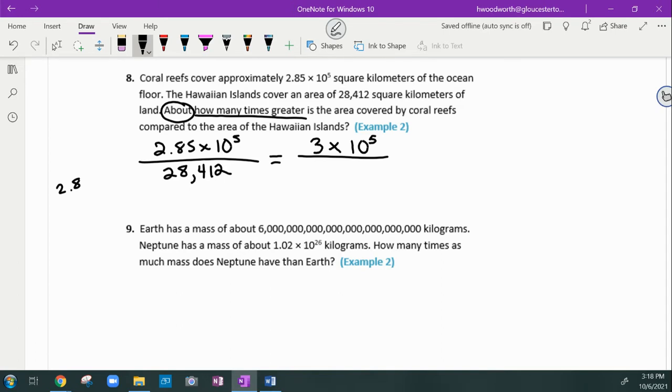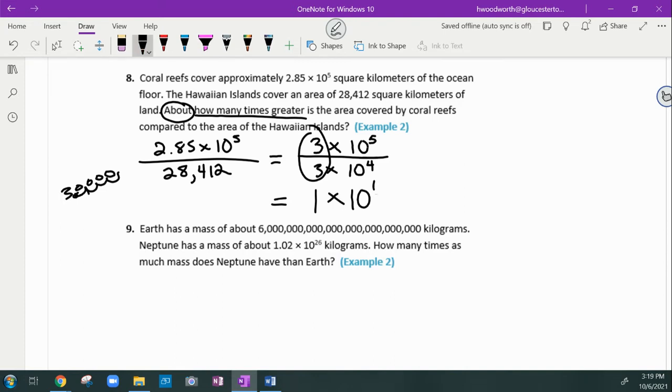2.8, well, let's just say it's about 30,000. How about we just say it's about 30,000? All right, about 30,000, so that would be 3 times 10 to the 1, 2, 3, 4. Oh, look at that. So we divide the integer factors, then we divide the powers, and we subtract, so we get 10 to the first.